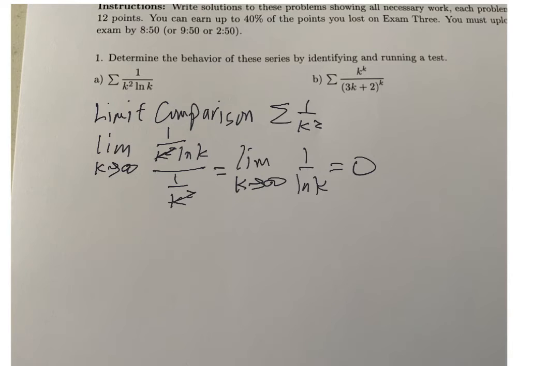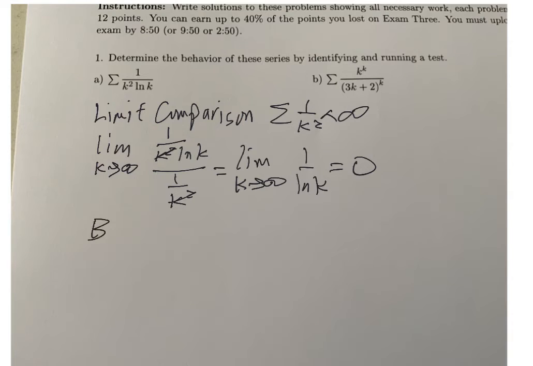And so let's take a look at the fact that we got 0. If you look at the limit comparison test, it says if the limit you calculate, we just did, is 0 and the series you chose converges, it does, then this series converges as well. If the series we chose diverged, the test would be inconclusive.